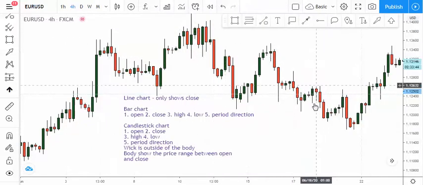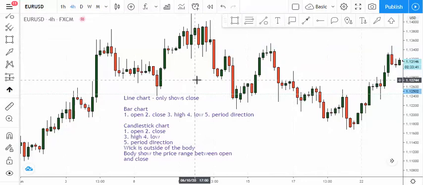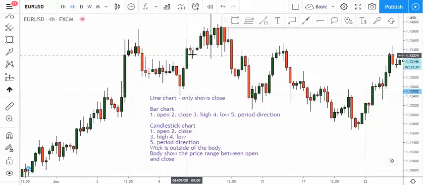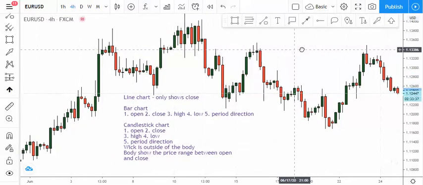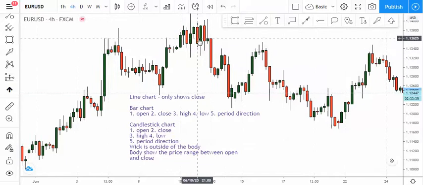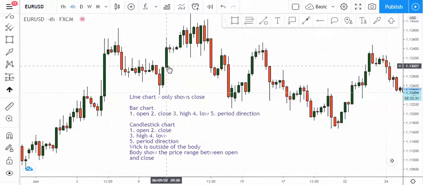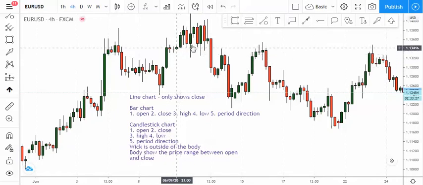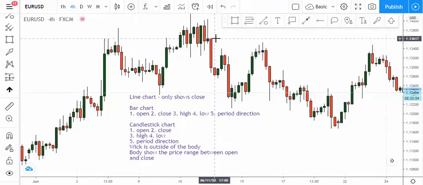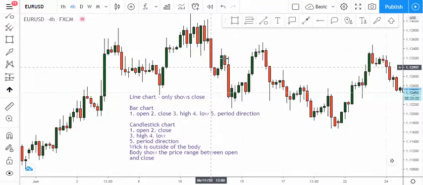These are common colors for candlestick charting. Again, a green body represents the candlestick traded up, it opened low and closed higher, and one that's red opened high and closed lower.